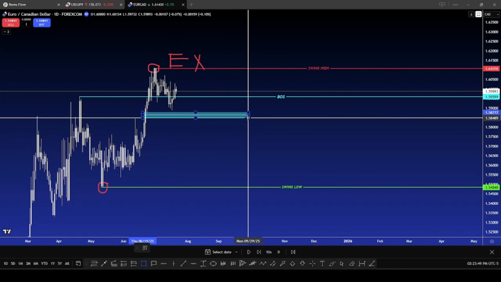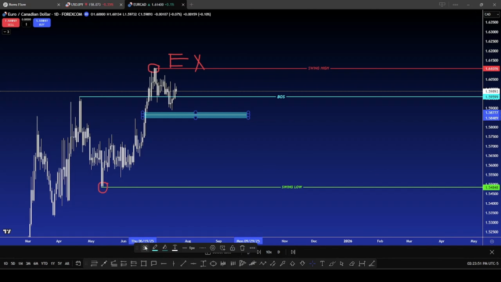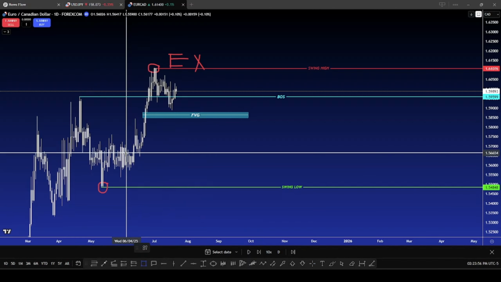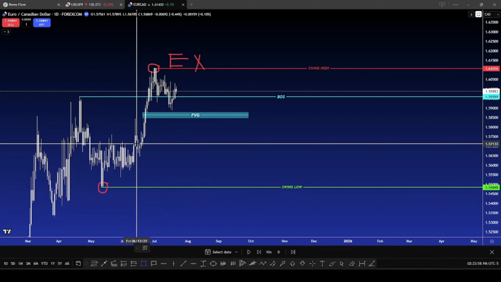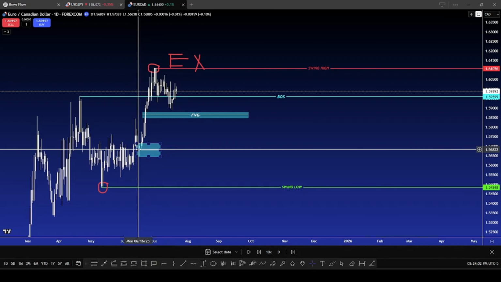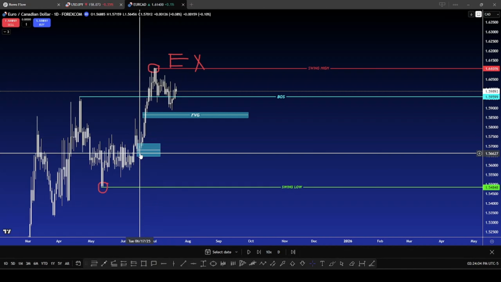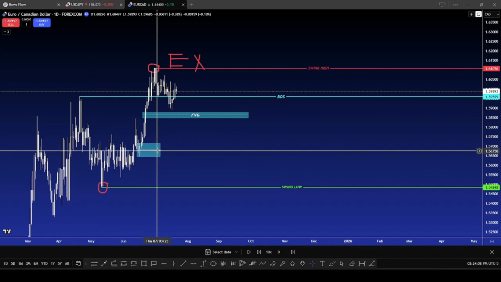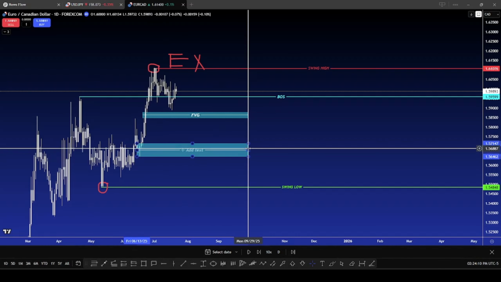So these are your fair value gaps. All right, here are your order blocks. Okay, these are the last bear candles in this downward move before price pushed up and broke a high. All right, very key, important areas.